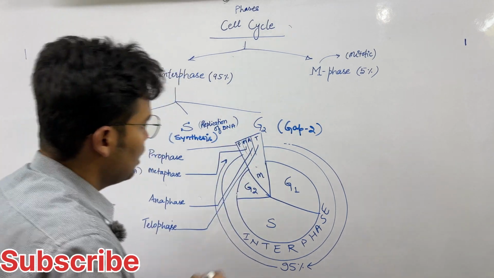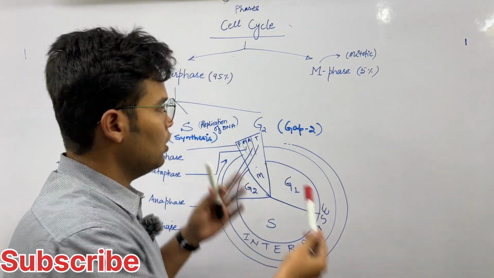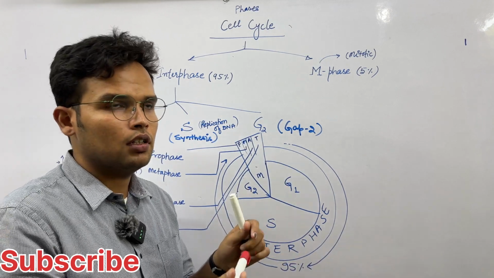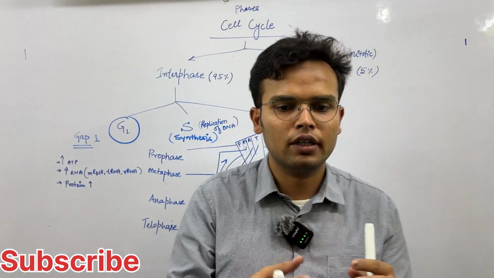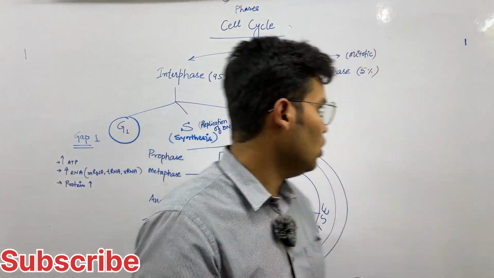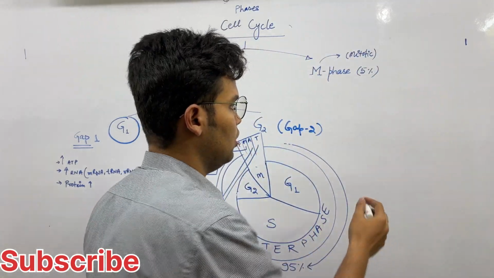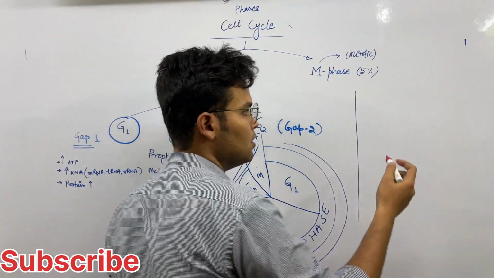Now, if we want to understand how replication looks, or how the cell content will have its copy, then you all have studied the structure of chromosomes in class 9th.